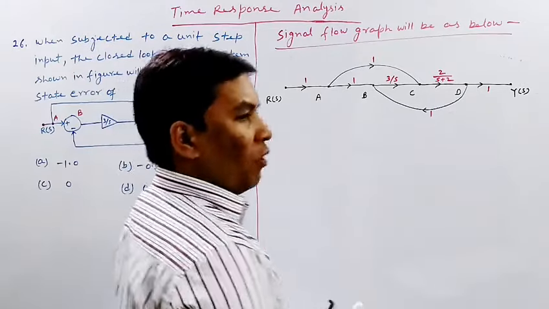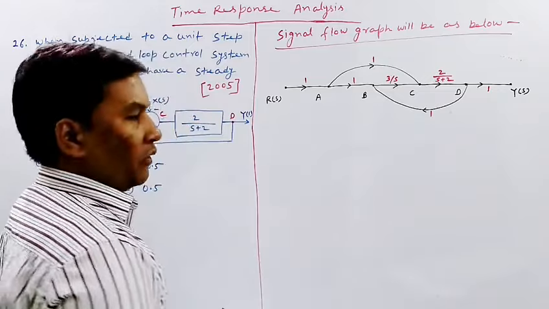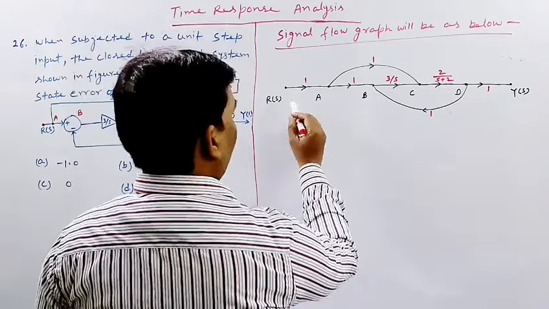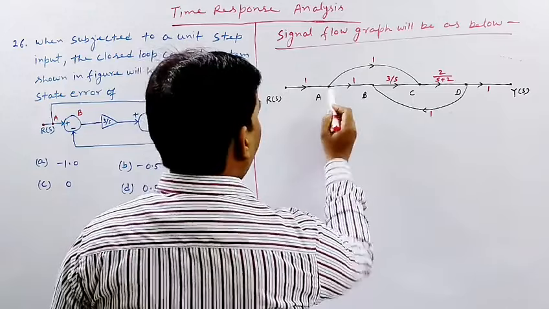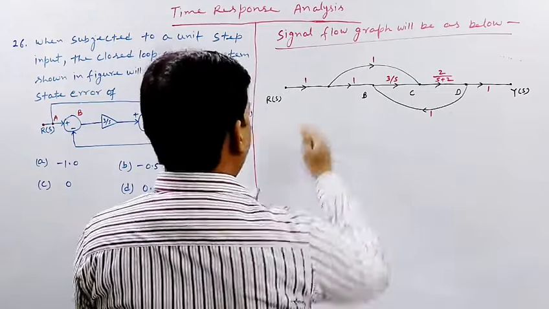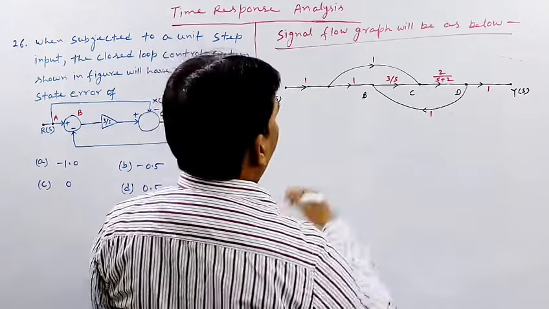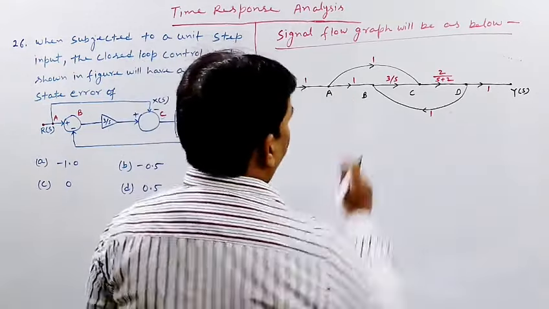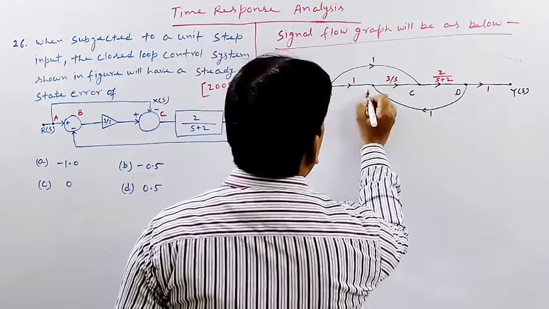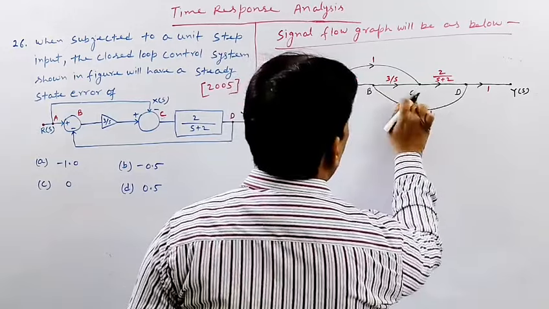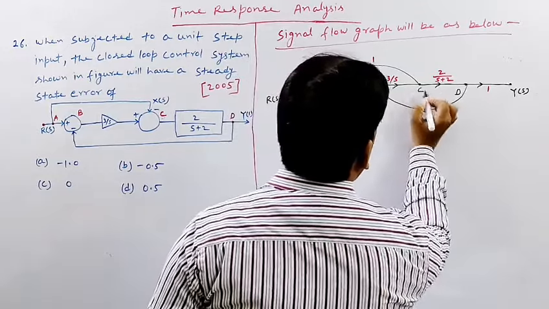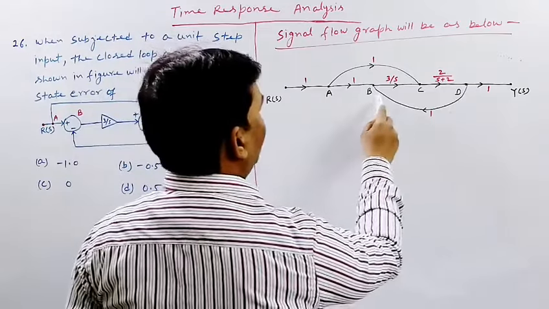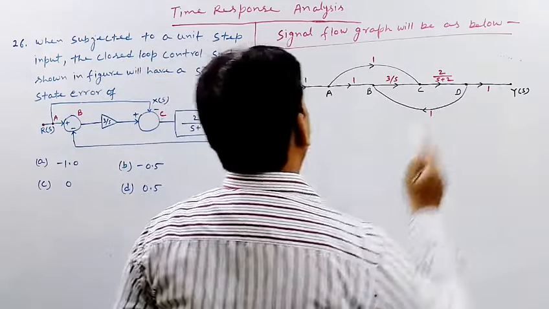So let us see how many forward paths are there. One forward path is R A B C D Y. Let us denote A here, B here, and C here, so it will be easier.